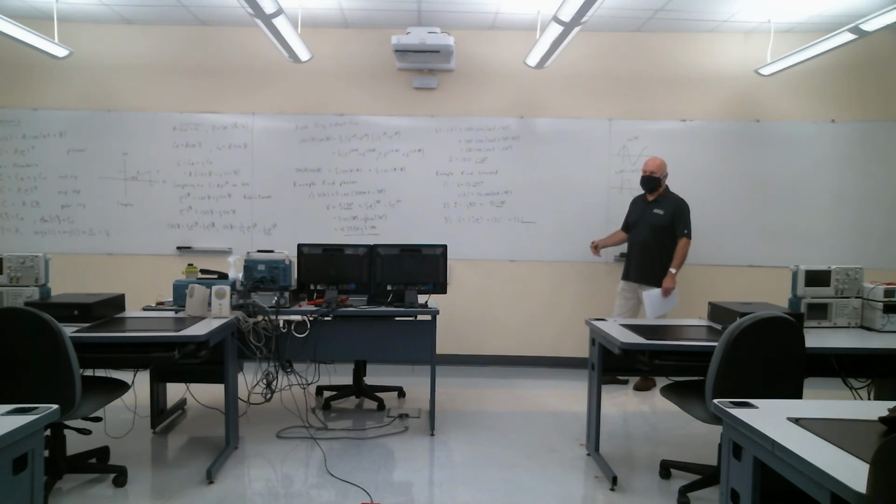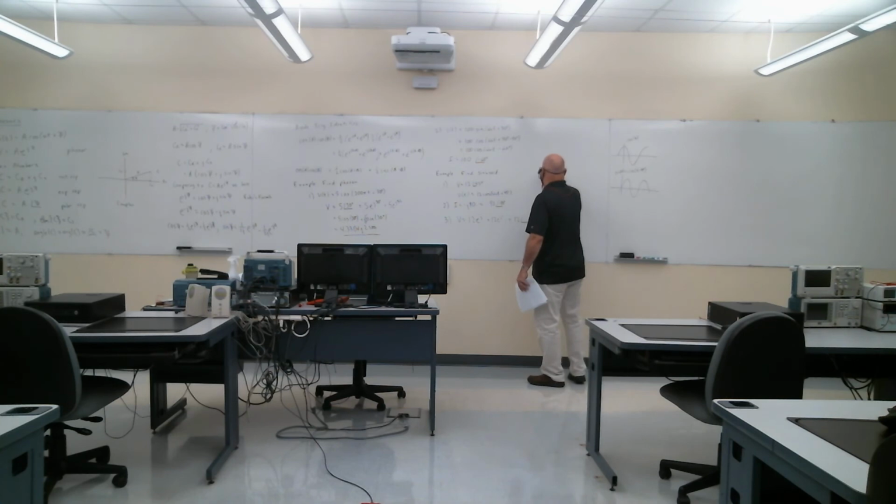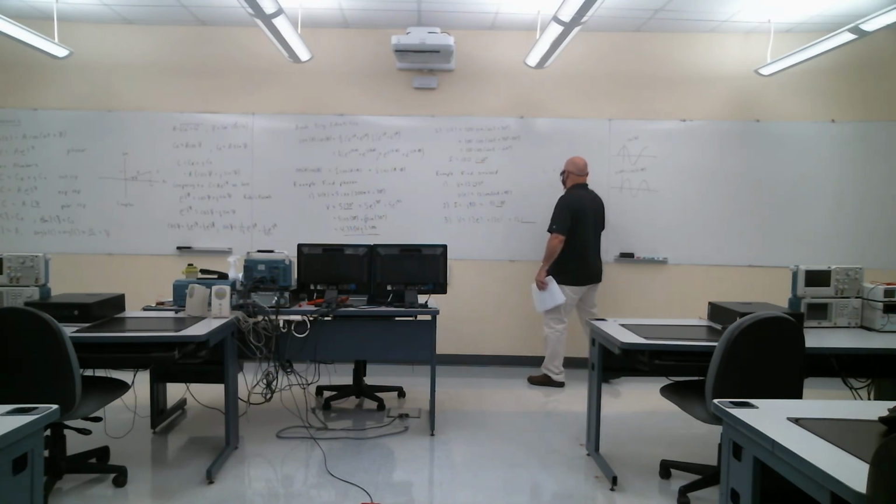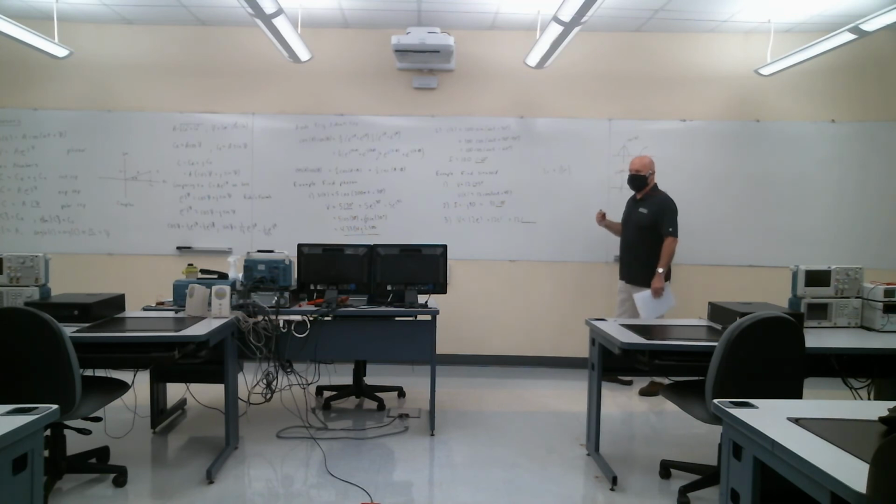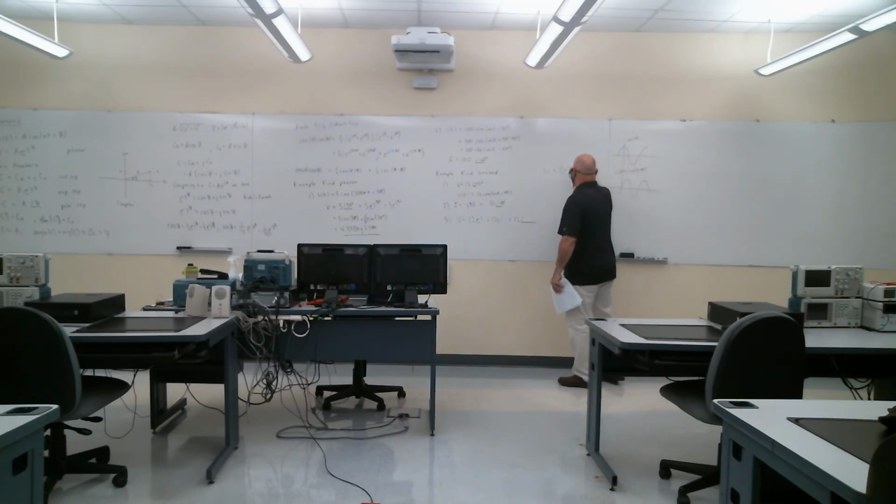Is that radians or degrees? There's no degree symbol, so you have to assume it's radians, okay? So 1 radian, what's the conversion between radians and degrees? Well, it's 180 degrees over pi radians.